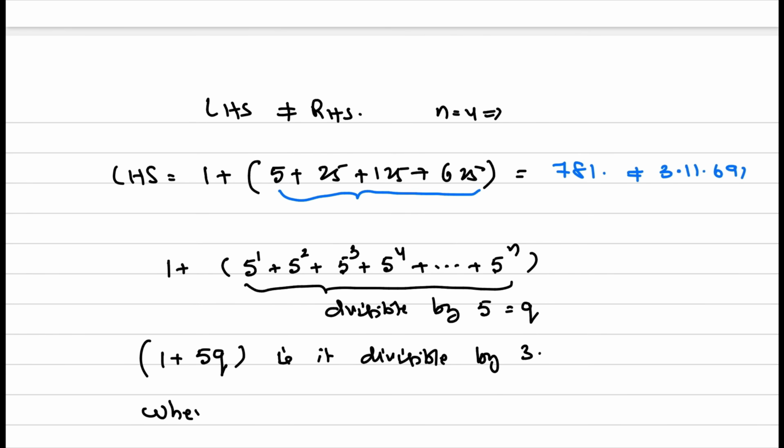It is not 1 plus 5q, rather 1 plus q, where q is divisible by 5.